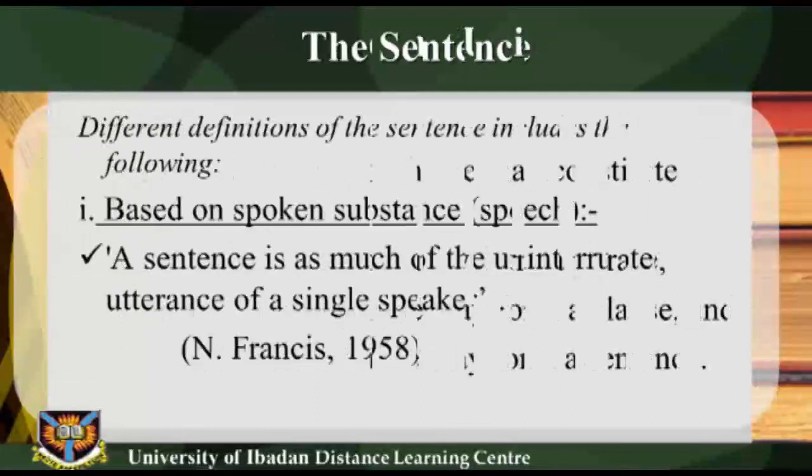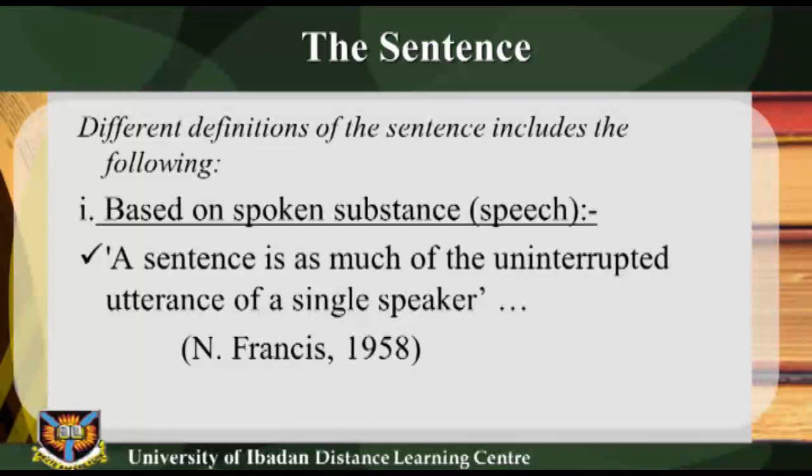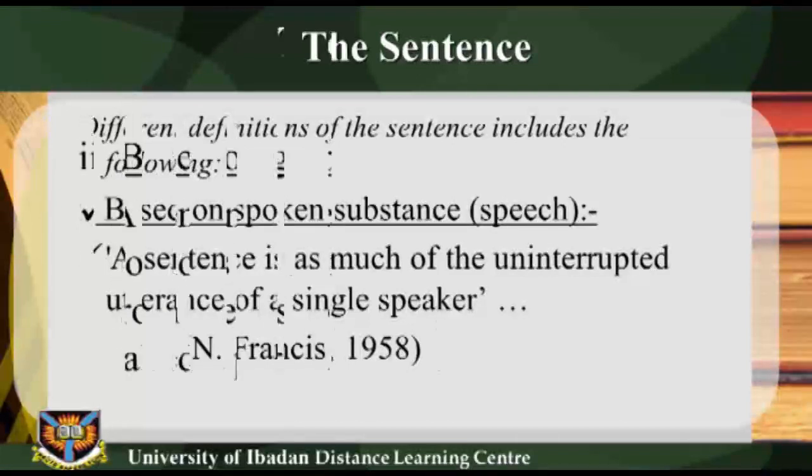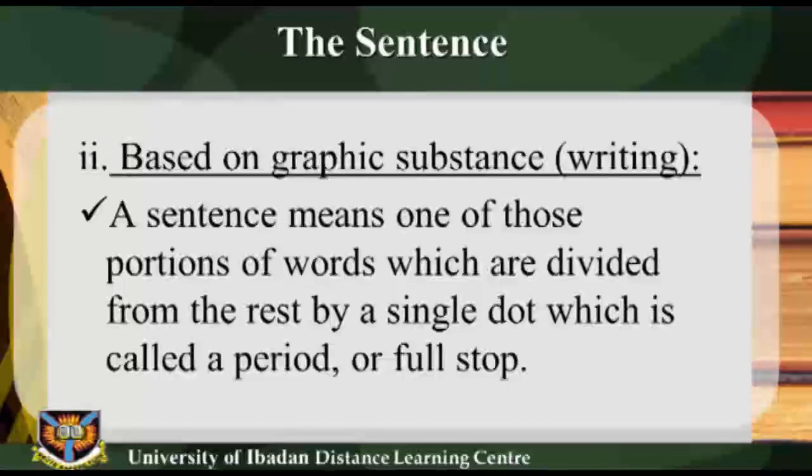The sentence. The sentence has been defined in different ways, including the following. 1. Based on spoken substance, speech. A sentence is as much of the uninterrupted utterance of a single speaker. Francis, 1958. 2. Based on graphic substance, writing.